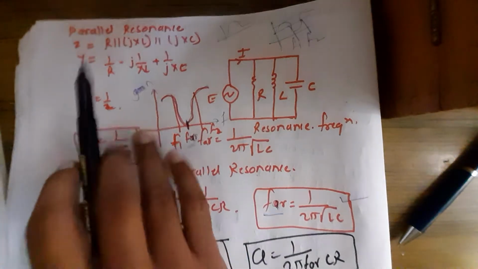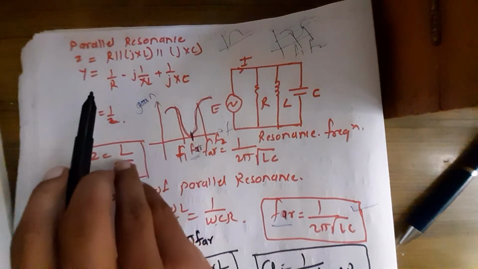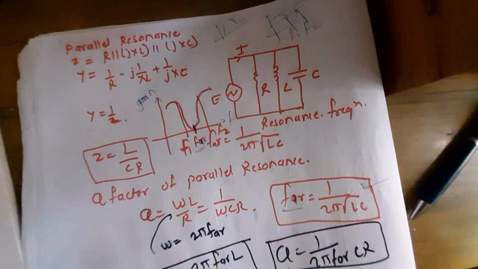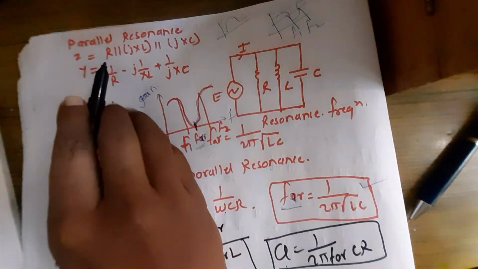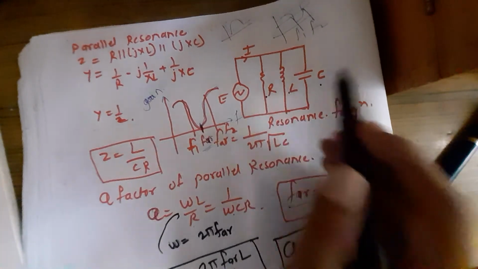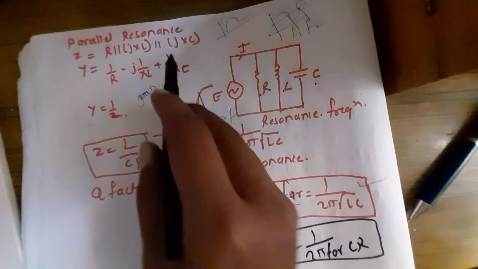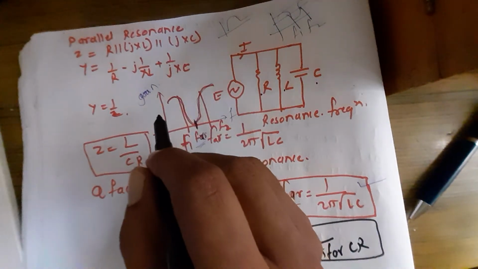So in parallel resonance, look at the value of Z, that is the impedance value, Z equal to R parallel with L parallel with C. So L is written in terms of jXL, C is written in terms of jXC.